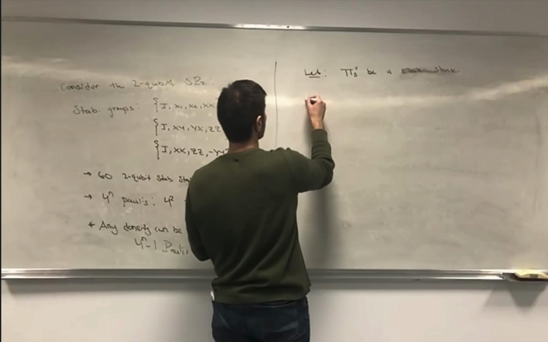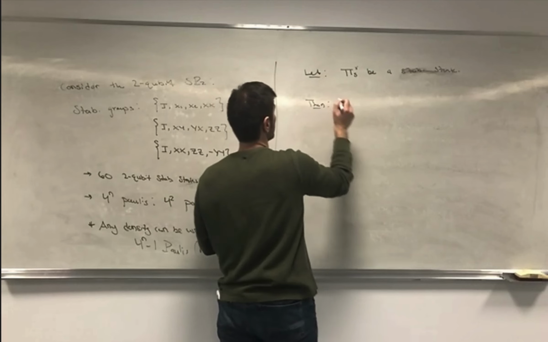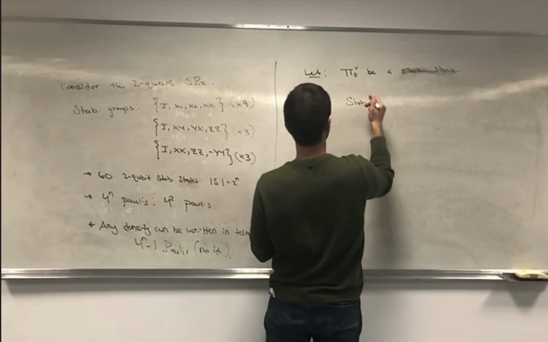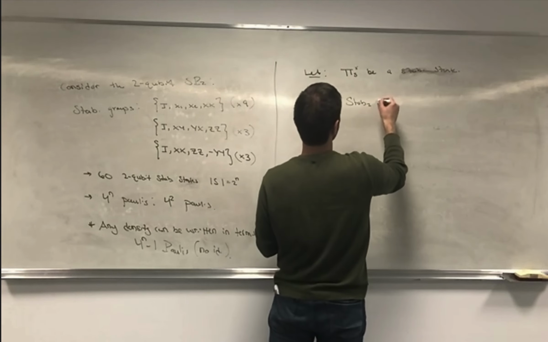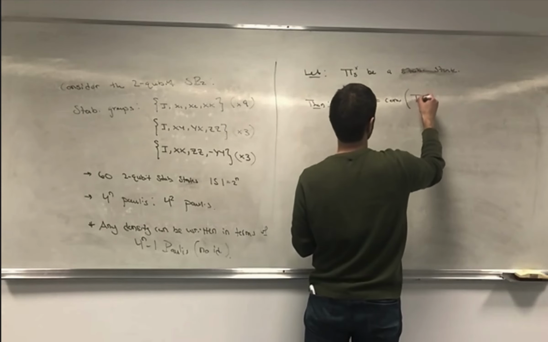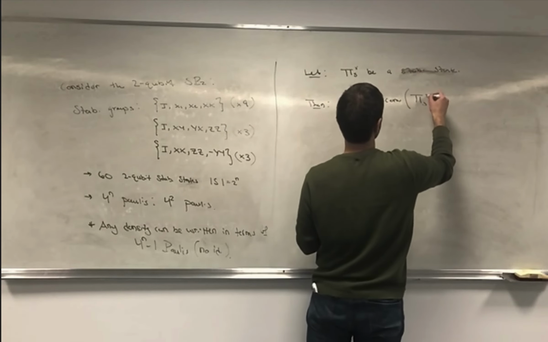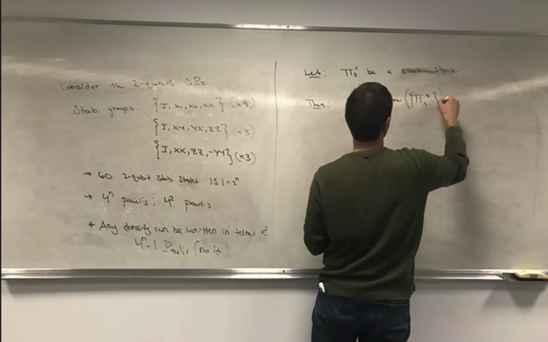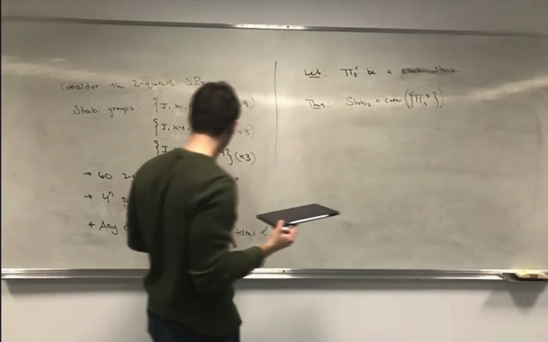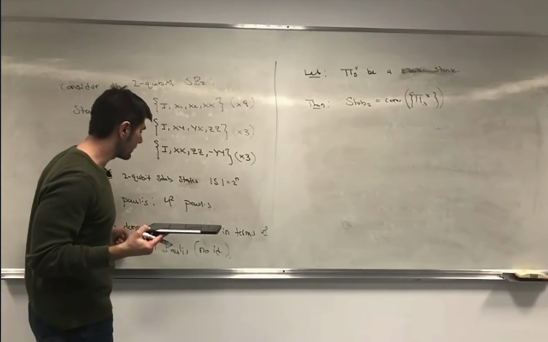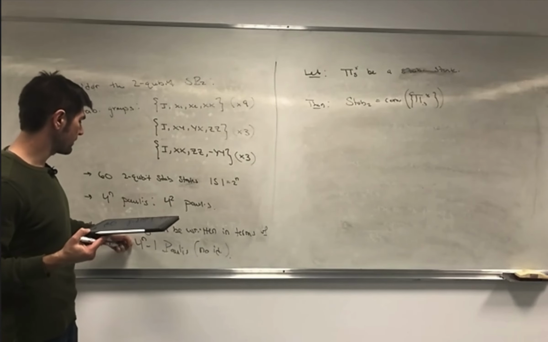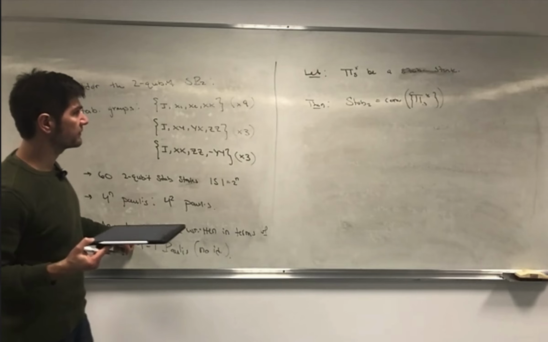Then the stabilizer polytope is going to be the convex hull of these rho gammas. There's 60 of these. They can all be written in terms of Paulis, so we can embed this into a real vector space of dimension 4 to the n minus 1. For 2 qubits, that's 15-dimensional space.